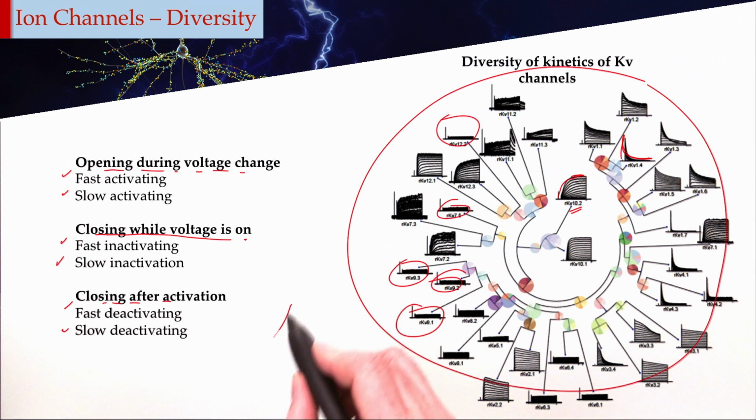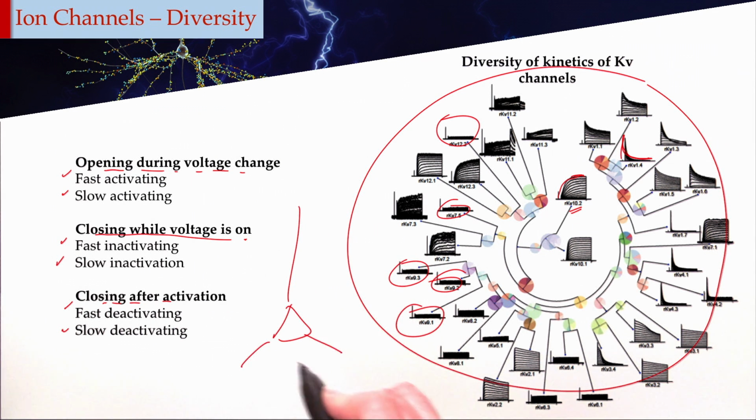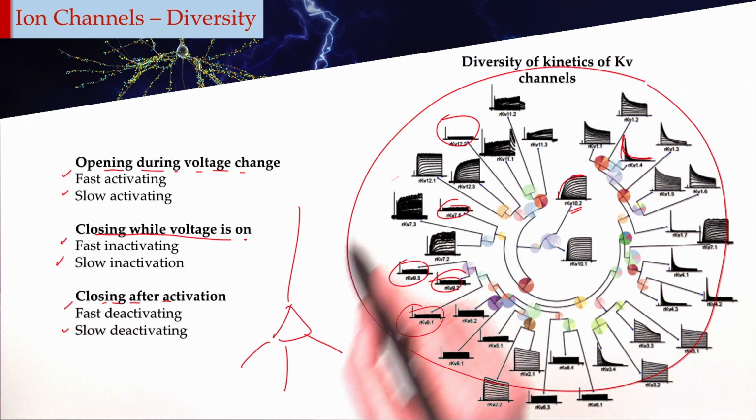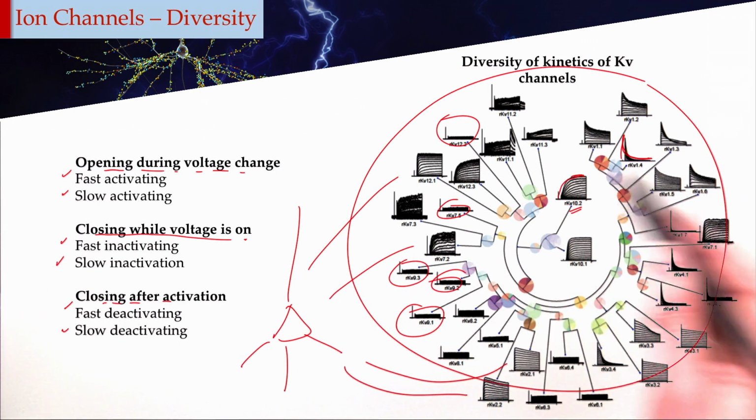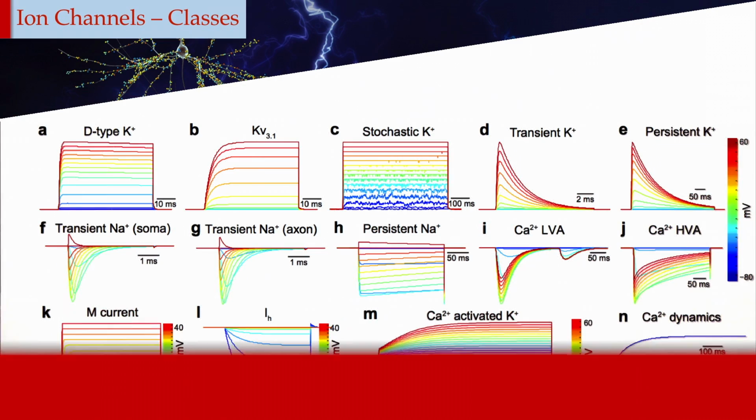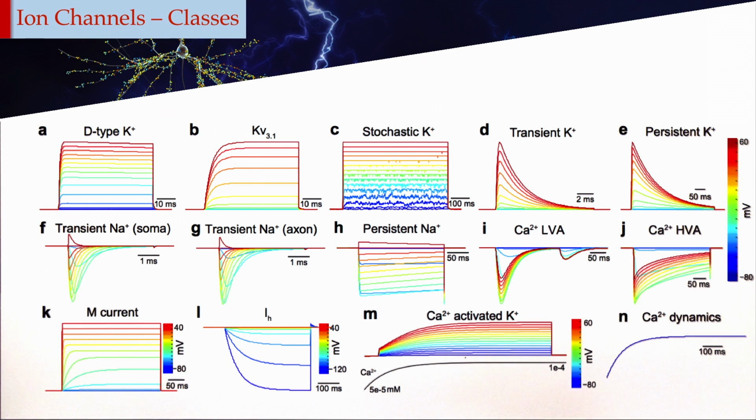Now, unfortunately, at this stage, there isn't a comprehensive data set of every channel kinetic which we can introduce into a cell. We are building this, and it will be completed in the next few years. In the meantime, what we do is we look at classes.